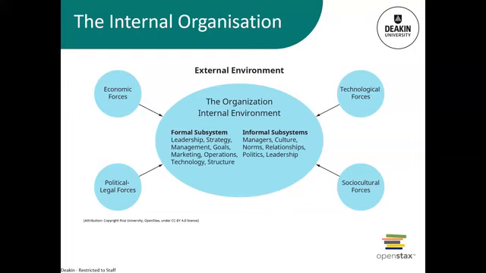And importantly, we've got the informal subsystems, and we'll be talking about that in more detail in a moment. This is really based on the culture of the organisation, the relationships between people, things like politics and the leadership style within that organisation. So these are the ways that things happen inside the organisation.